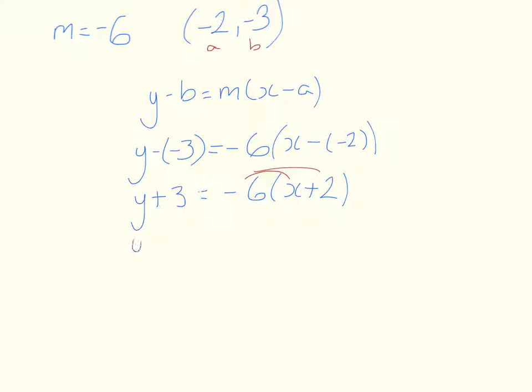So I'm going to have y plus 3 equals minus 6 times x is minus 6x, minus 6 times 2 is minus 12. I want to have it in the form y equals mx plus c, so I want to get rid of this plus 3 on the left hand side. So I'm going to subtract it from both sides, which will leave me with the equation in the form y equals minus 6x subtract 15.